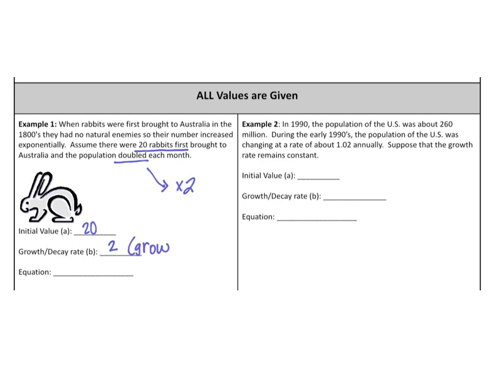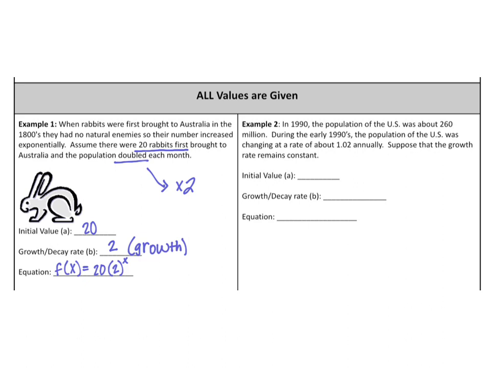If I'm going to write that in my equation, I'm going to write f of x, which is going to be representing the number of rabbits, is 20, which is my initial amount, times my rate of 2 to the power of x, which is going to be the number of months.